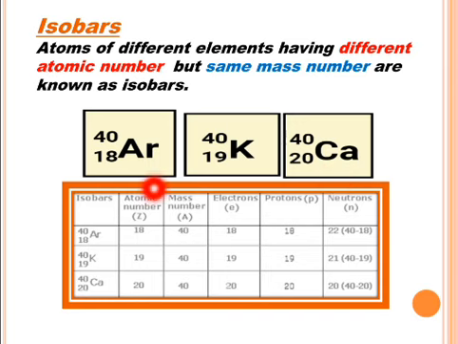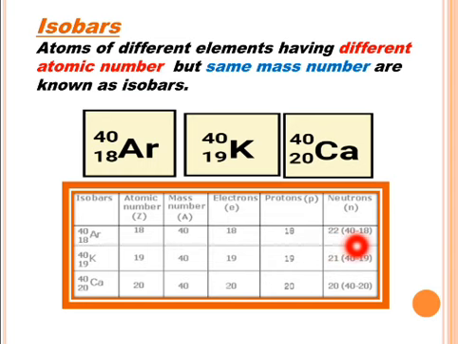Now students, let us see how these isobars differ from each other on the basis of subatomic particles. In argon with atomic number 18 and mass number 40, the number of electrons in argon is 18 and the number of protons in argon is also 18. How can we calculate the number of neutrons in argon?